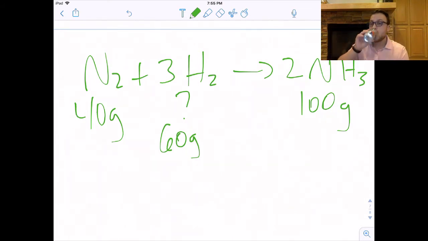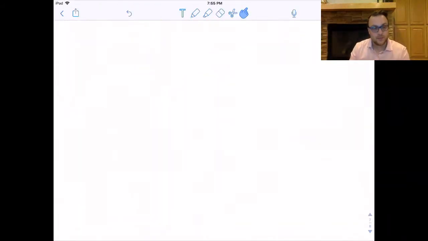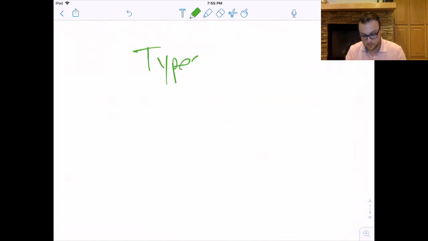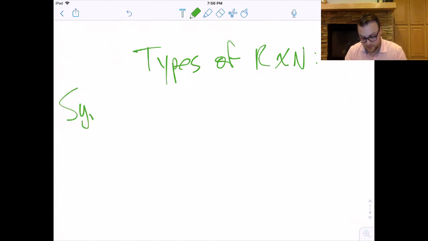Now, what about the types of reactions? What are they? So, first, there is synthesis. Synthesis is when you take 2 or more atoms and combine them together to make one bigger compound.